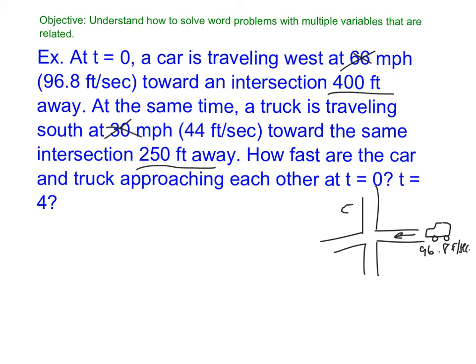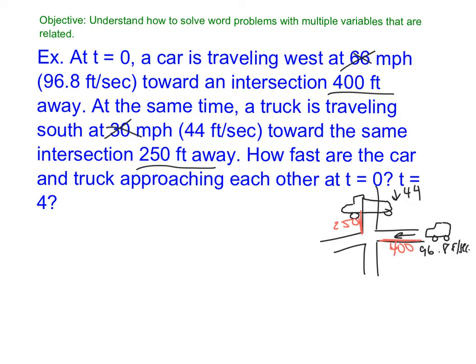So here's my truck. I can't do a truck. Clearly it's going the wrong way, but whatever. And that's going this way at 44. 250 feet away. So this distance is 250, and this distance is 400.